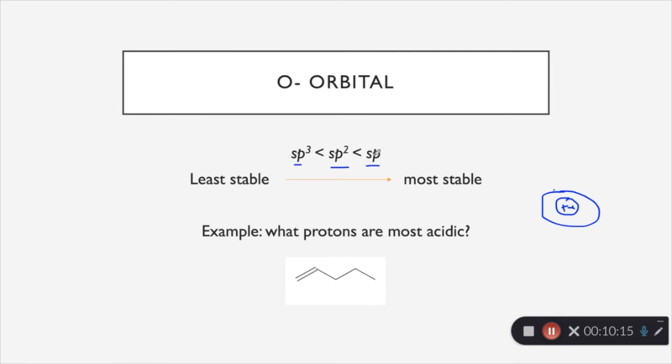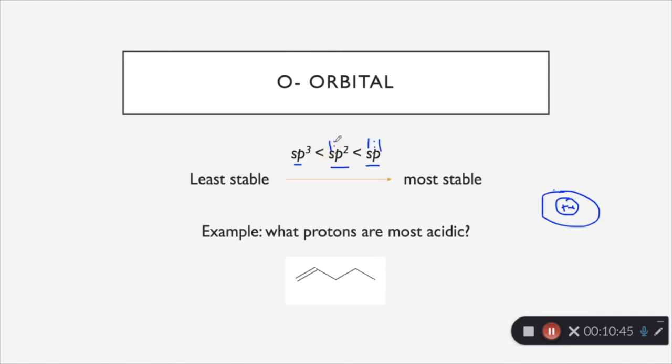So if you have an sp hybridized orbital, I like to think of it in a ratio. So you have one portion of S character to one portion of P character. So the more S character you have relative to P character, the more stable it's going to be, because that positive nucleus is going to hold those negative electrons more tightly. So then over here you have one portion of S character, and this is sp2.